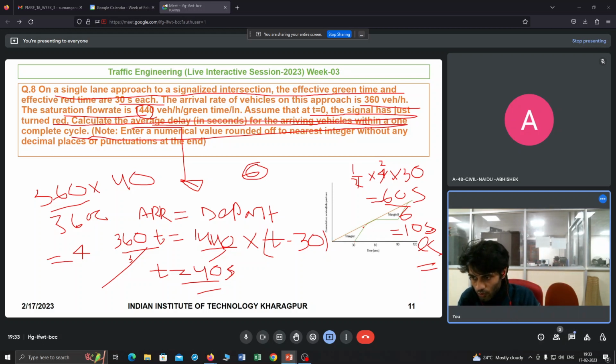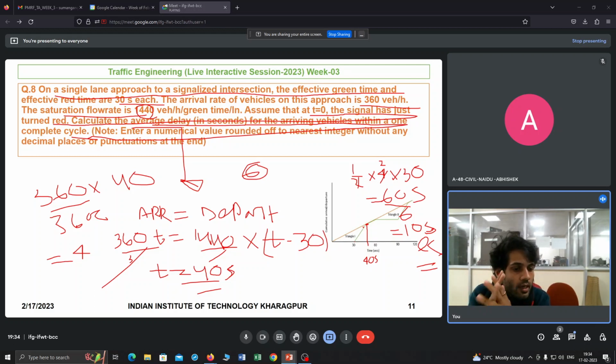So now at this point, which comes out to be 40 seconds, your arrival rate and departure rate are equal, meaning your arrival rate and capacity are equal. So there will be no queue, and so there will be no delay.